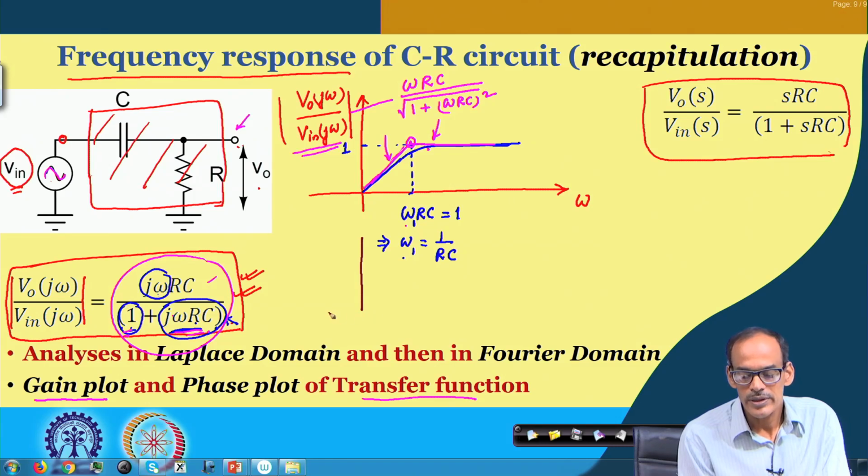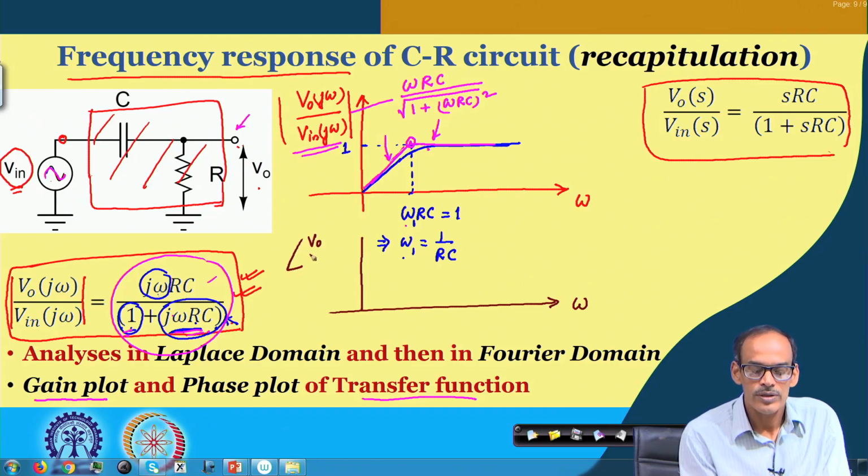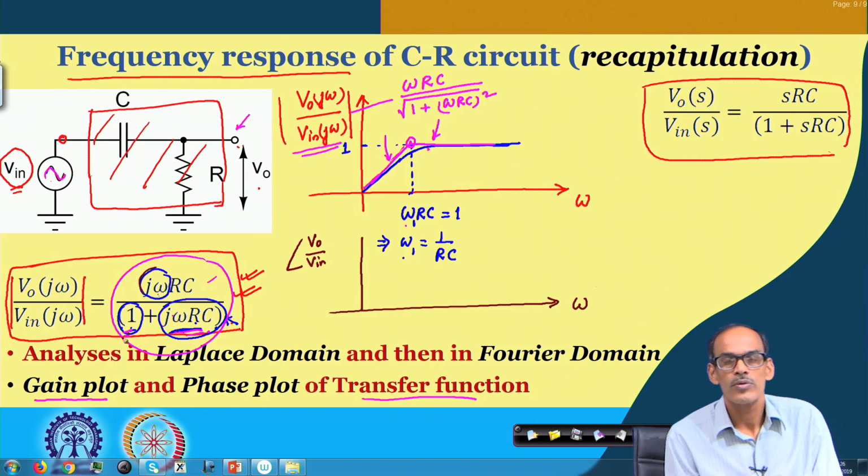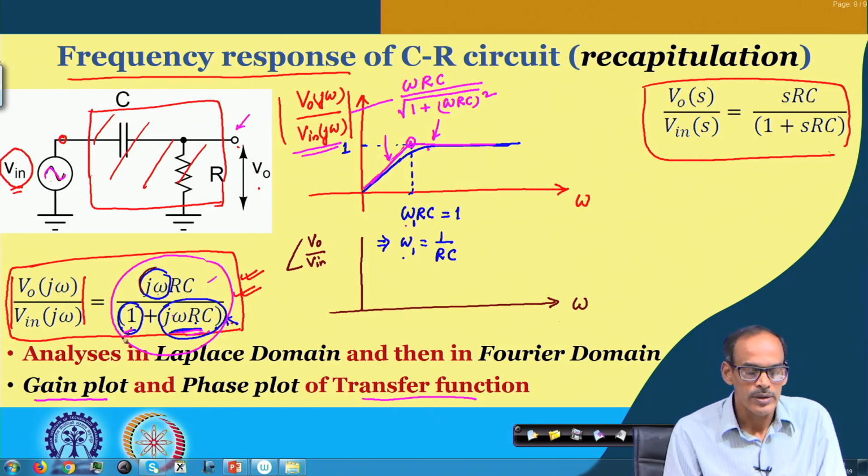If you see in this transfer function, if we plot the phase of V o divided by V in, in the numerator we have the j omega part, and in the denominator we have 1 plus j omega part.